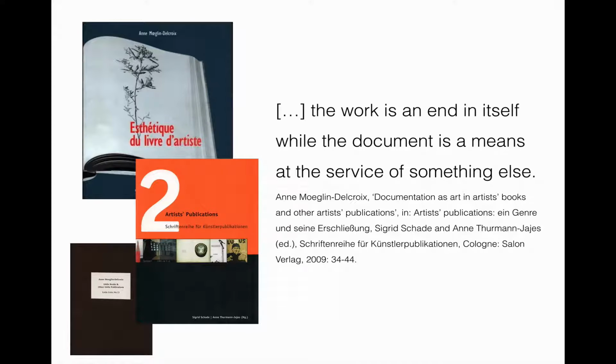Now, what is the catalog's function? You all know this. Typically, it serves to show what was on view in a gallery, and it wants to archive or preserve that knowledge for future times, beyond the ephemeral existence of an exhibition and the objects it displayed. So exhibition and catalog have very different temporalities.